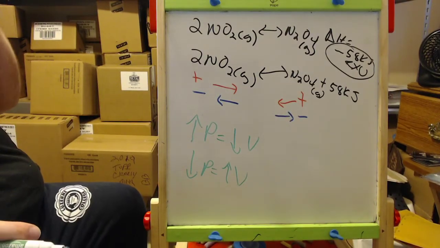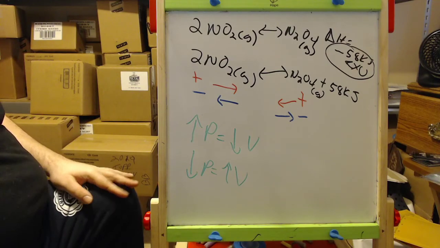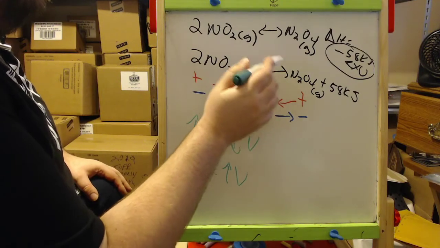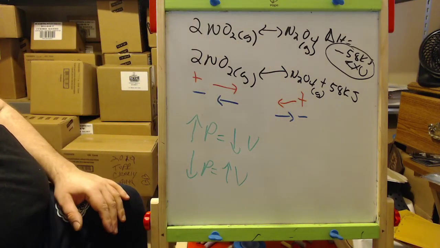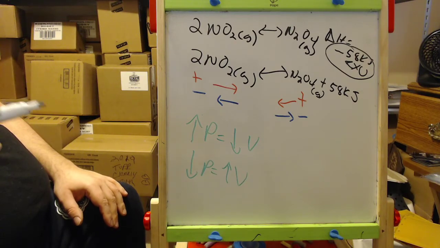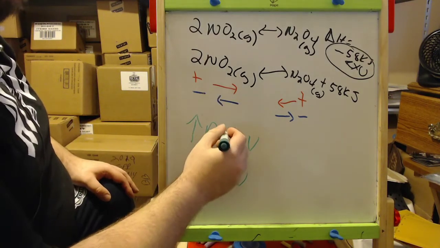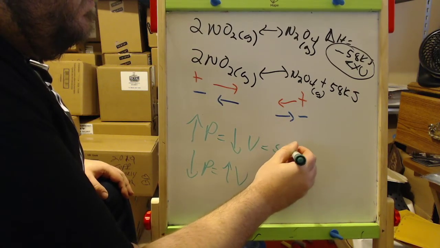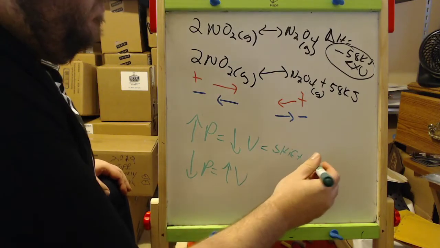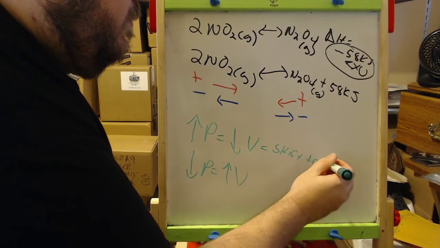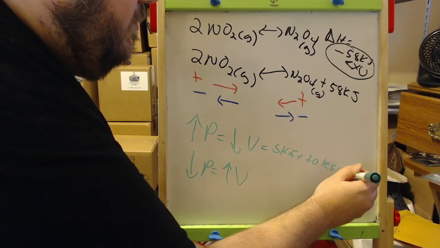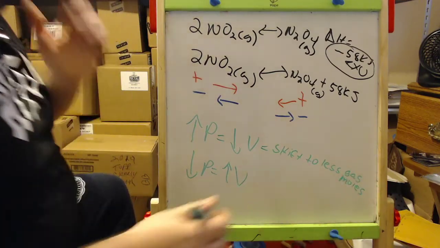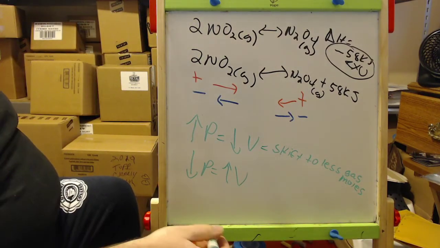Now, the effect that pressure and volume have is based on the different moles of gas. Increasing the pressure and decreasing the volume will cause a shift to the side with less gas moles.